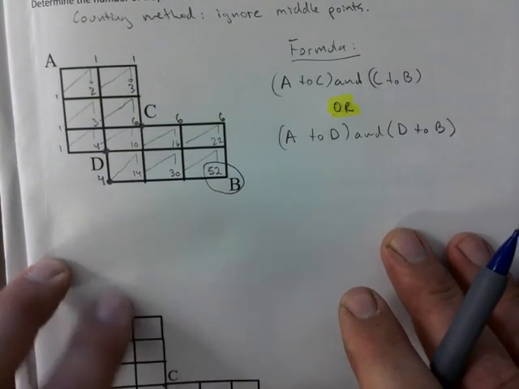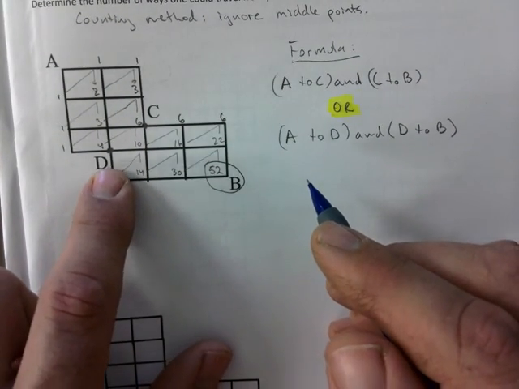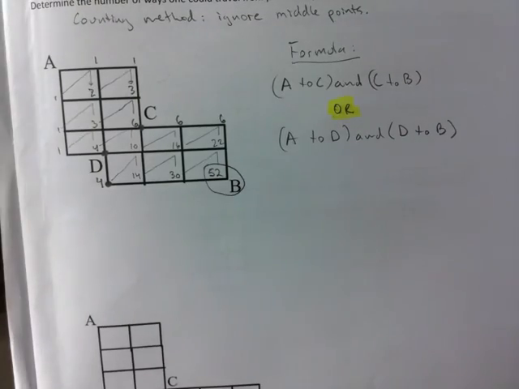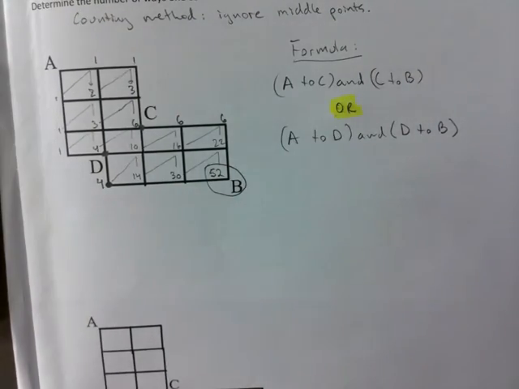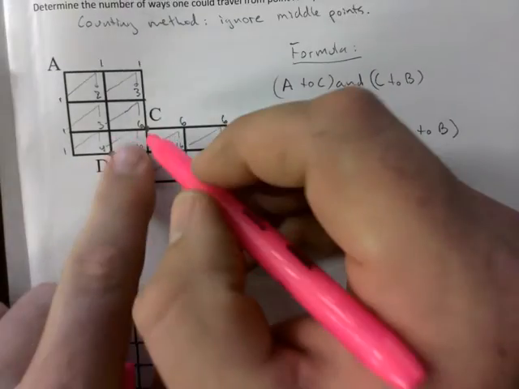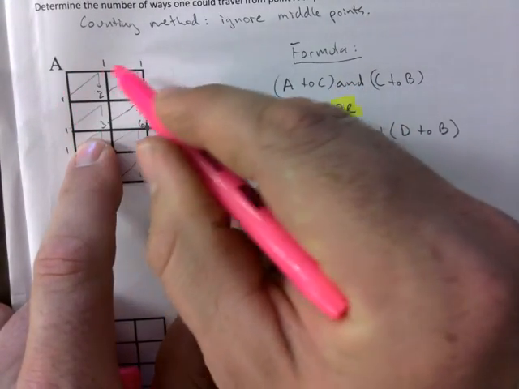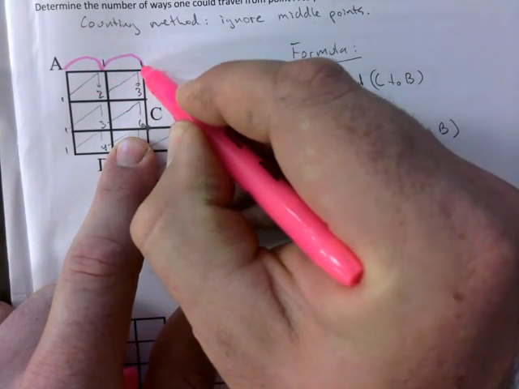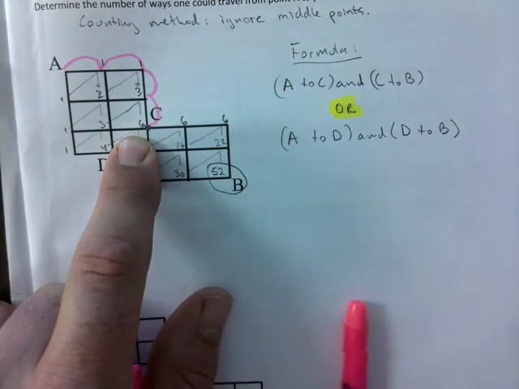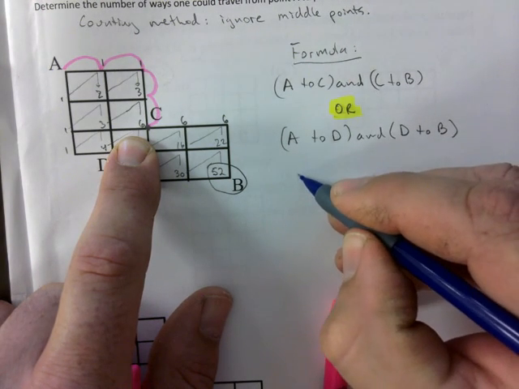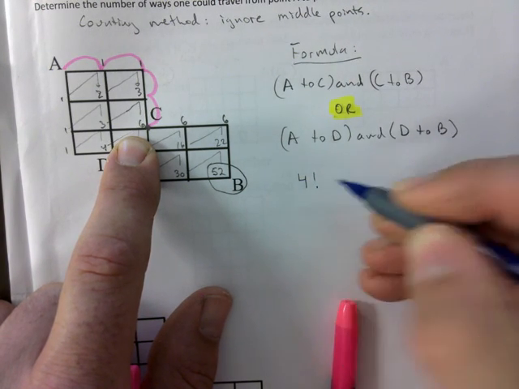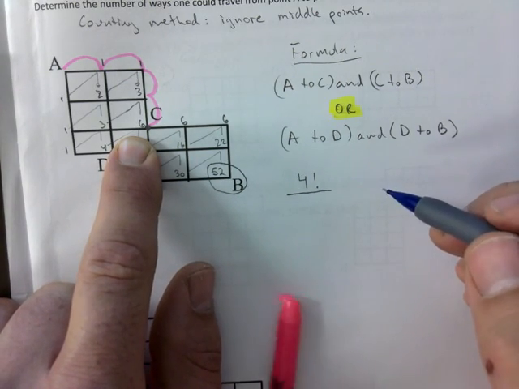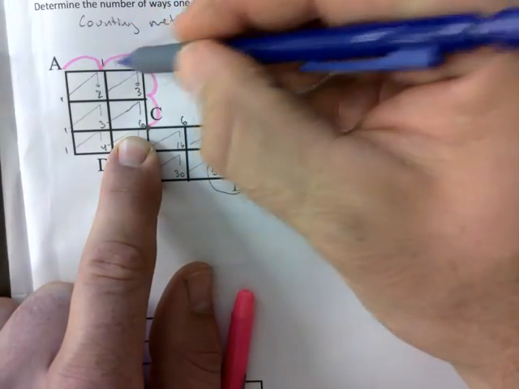So let's use our formula here. So watch carefully. I'm going to use a highlighter here. From A to C, you almost have to just worry about that rectangle that's created between those 2 endpoints. So 1, 2, 3, 4, right? A to C is 4 factorial over, you're going 2 and 2, right? 2 and 2.